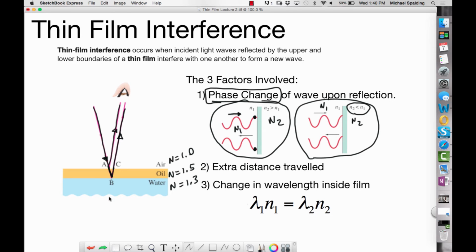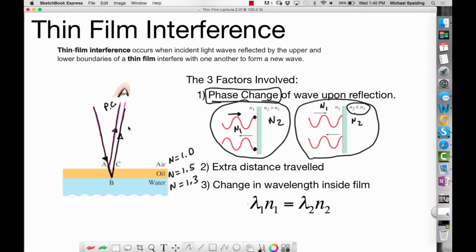So this ray right here that I'm circling, did it undergo a phase change upon reflecting on the oil? Yes. This ray right here had a phase change. Now, did this second ray experience a phase change?